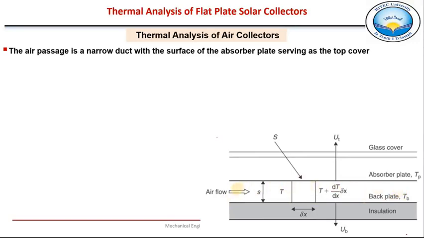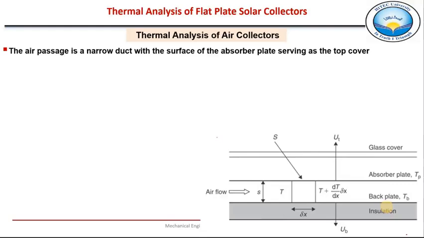So this whole area is open for the air to flow, right? This passage is actually a narrow duct, with the surface of the absorber plate at the top acting as a top cover for this air. And similarly there is another back plate at the bottom.